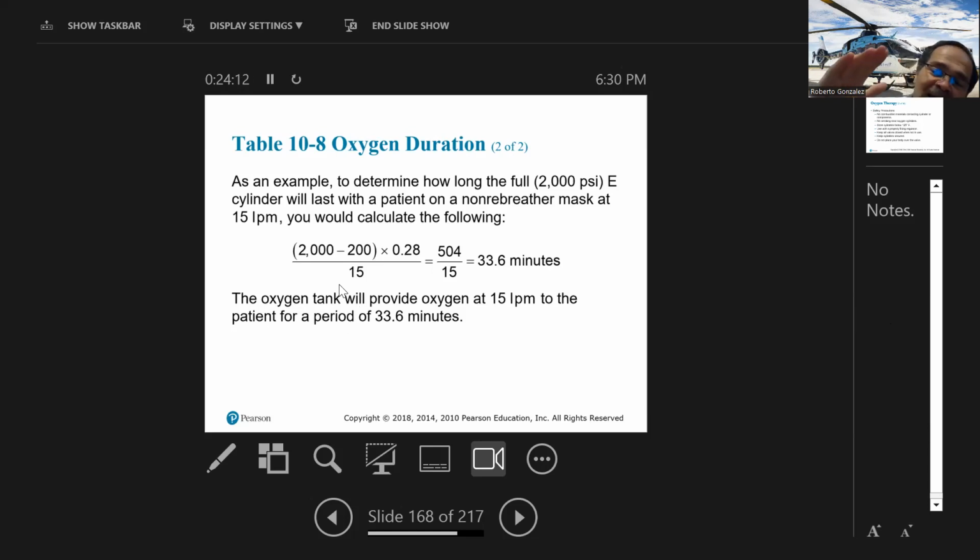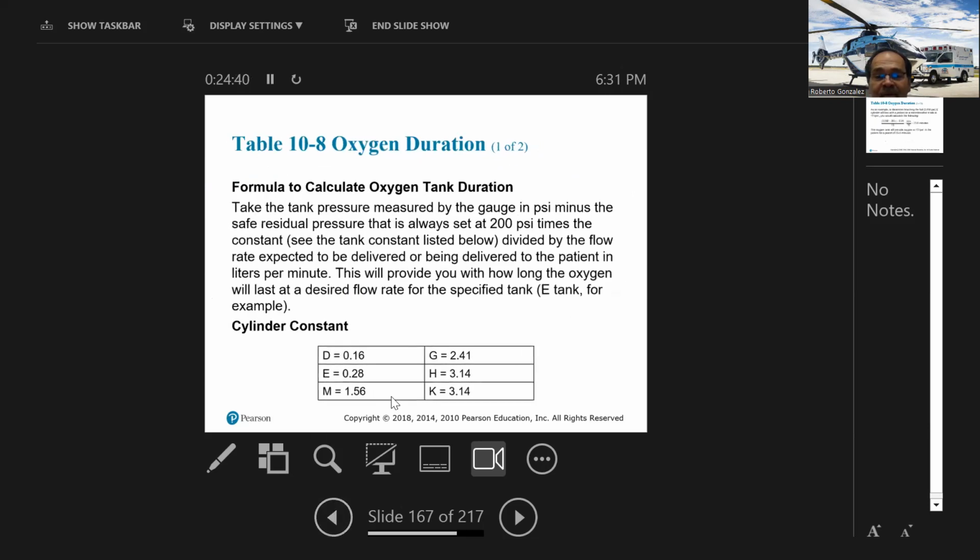Once the tank gets to 200, the pressure is not there to expel the oxygen out of the tank. So you have that safety measure right there. So it'll be minus 200. If it's 2000 minus 200, you have 1800 that you can use in the tank. And then you multiply this by 0.28, and 0.28 is that little number that we dealt with here.